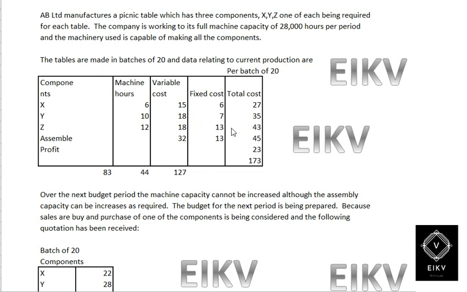Fixed cost: 6, 7, 13, and total 27, 35, 43. Assembly 32, 13 gives 45 as total expense, and we have the total profit of rupees 23 and the total of rupees 173.